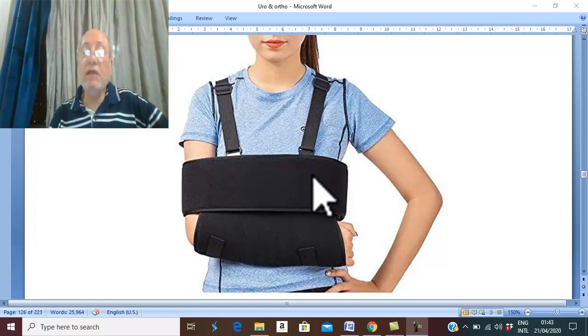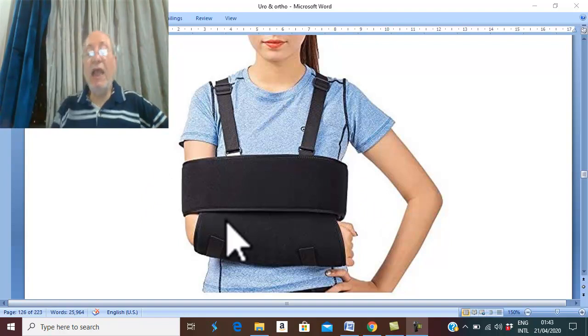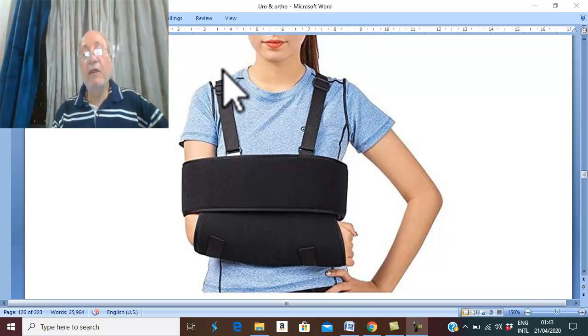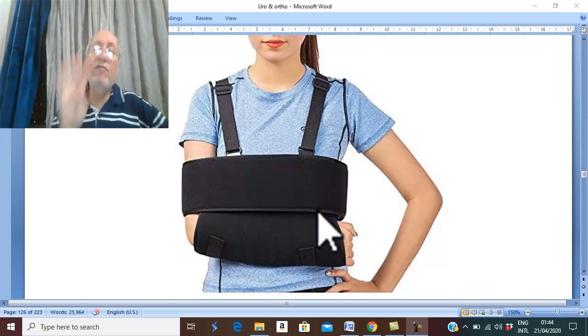The patient is suspended in a sling with bandage of the arm to the chest in adduction and internal rotation for 4 weeks.